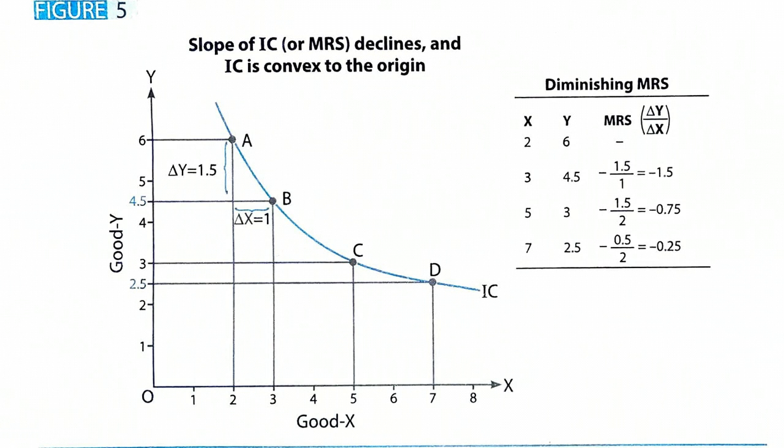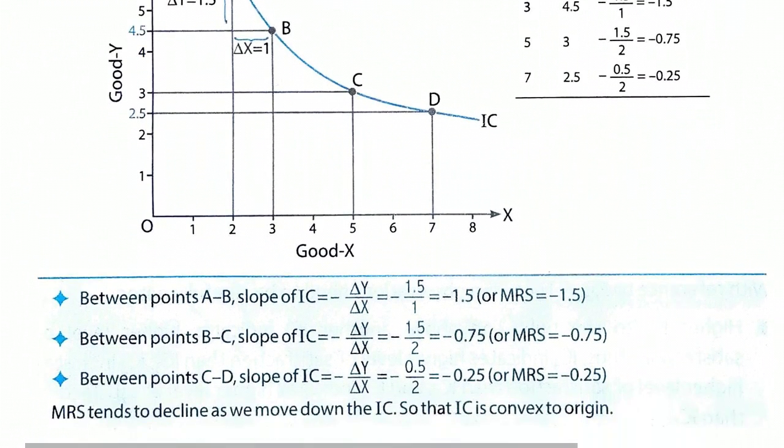In this figure we have two fruits or two commodities, X and Y. X is increasing gradually from 2 units to 3, 3 to 5, 5 to 7, and Y is decreasing gradually, and each time you can observe that MRS is decreasing. Initially marginal rate of substitution is 1.5, then it is 0.75, then it is 0.25, and this is the reason behind the convex shape of the indifference curve.